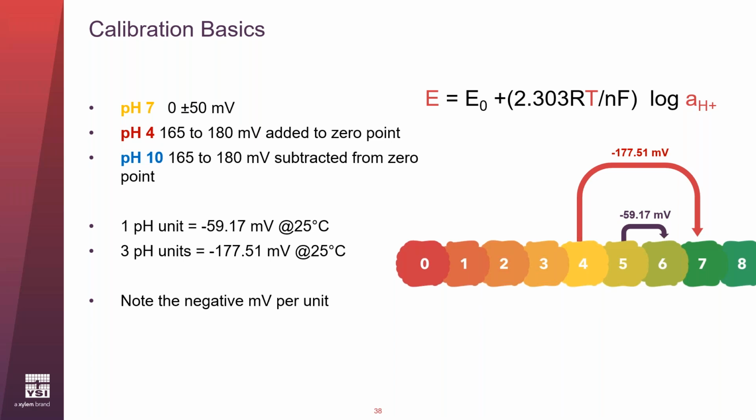You can see on our little number line that the span from 4 to 7 is that 177 millivolts, and the span from 5 to 6 is only 59. And that's going to be universal no matter which two numbers you go through. Any change of 1 pH unit is going to be negative 59.17 millivolts, ideally.